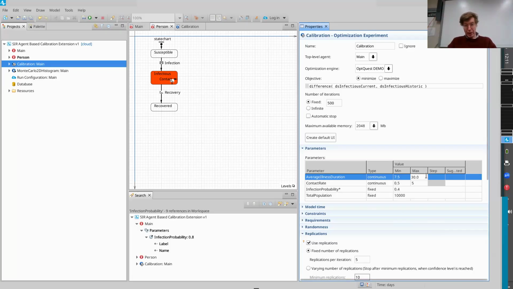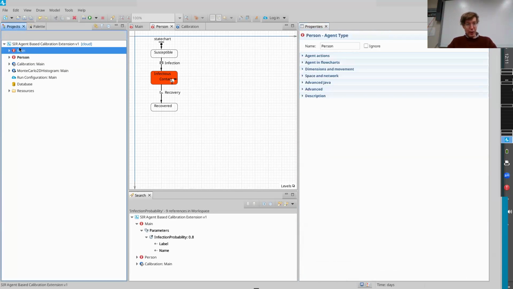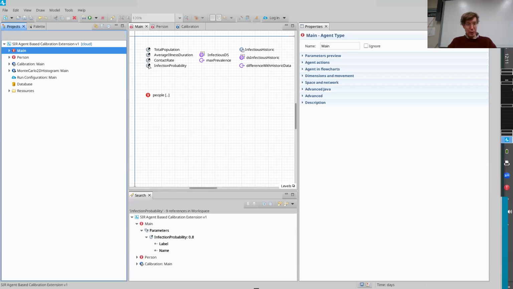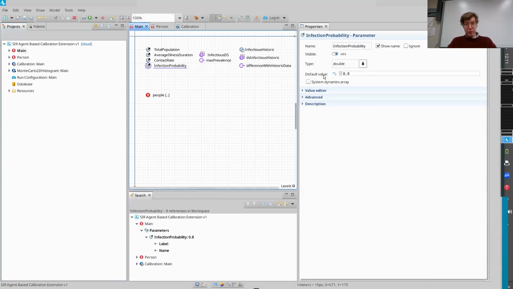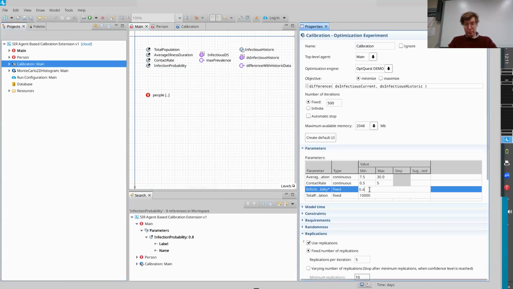No, we don't specify a step. We'll allow it to figure out how fine-grained to make it. Okay. We'll also assume the default value of infection probability. And I just want to make sure I know what that is. It's 0.8. So I'm going to make it 0.8 here, just to make it the default. You notice it's starred, meaning it's changed from the default. Okay. So now we're going to be modifying these two.